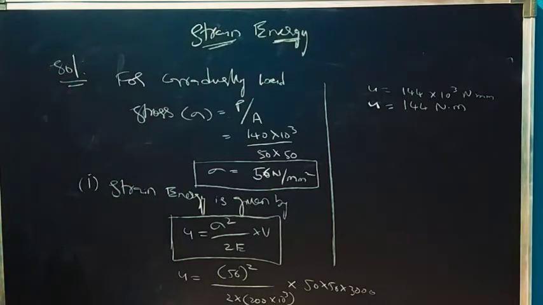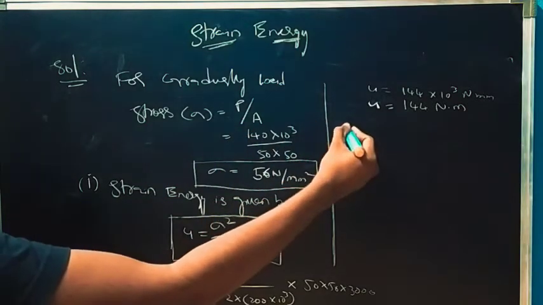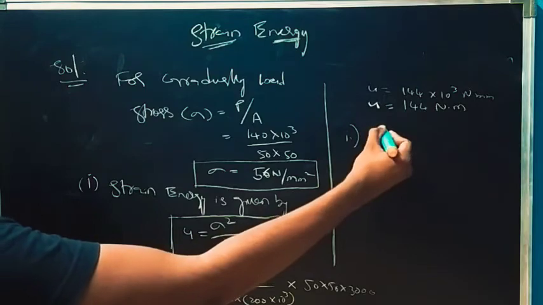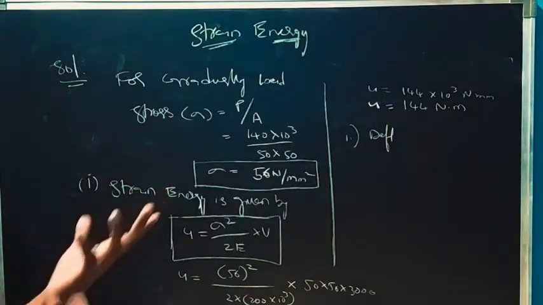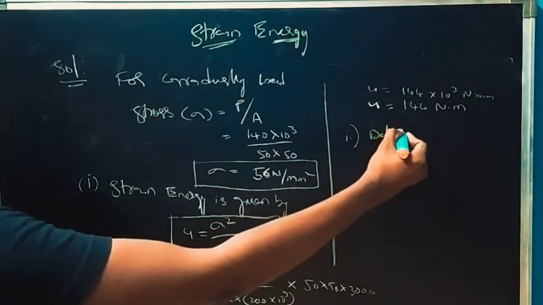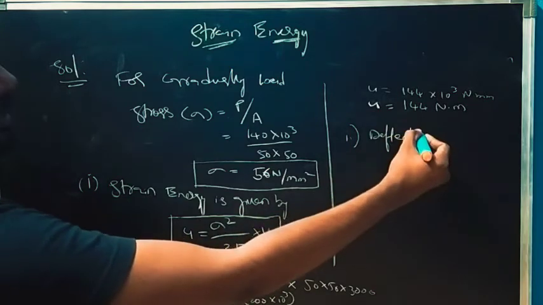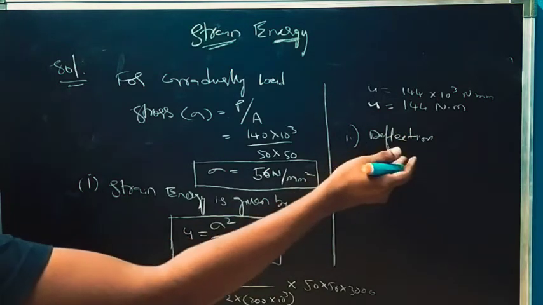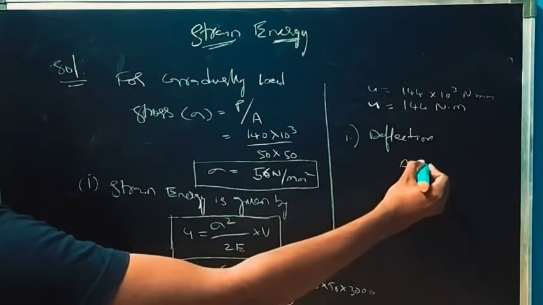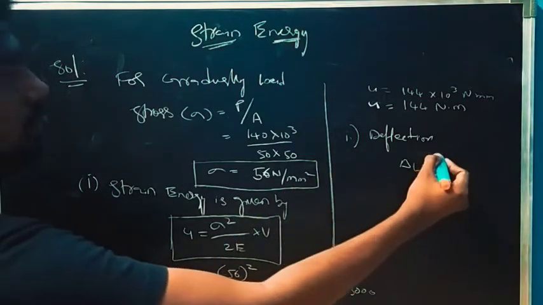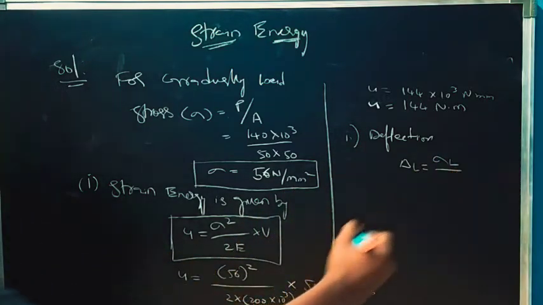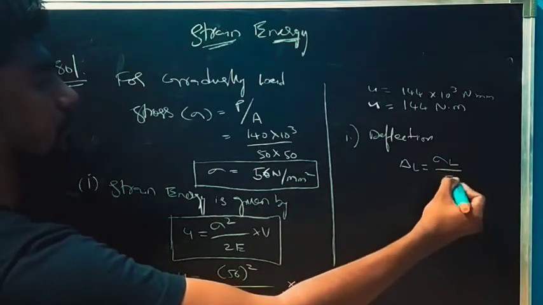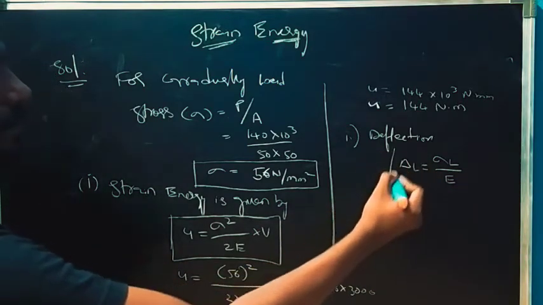Next we'll find the deflection. We can call the extension a deflection or change in length. So deflection is delta L equals sigma L upon Young's modulus.